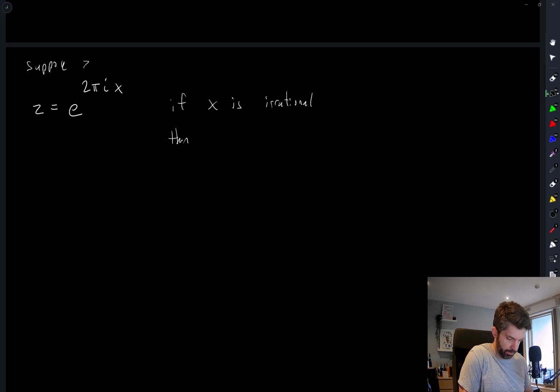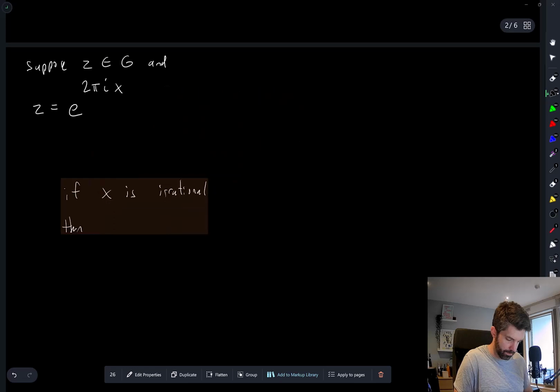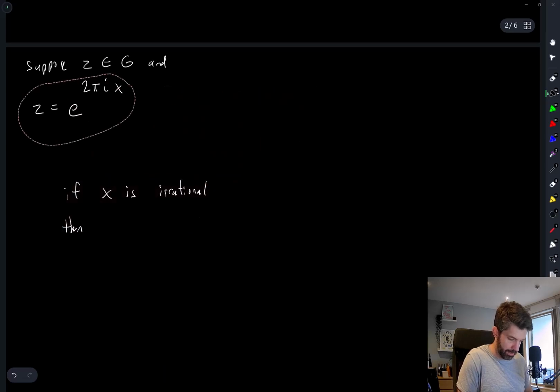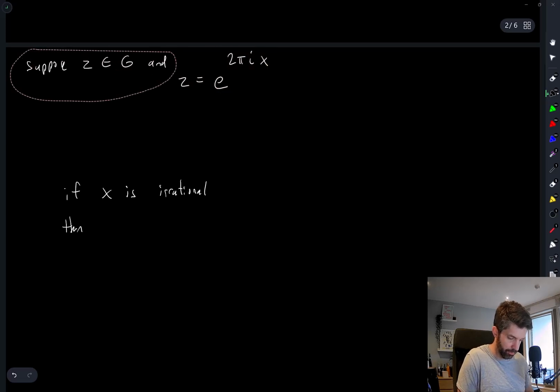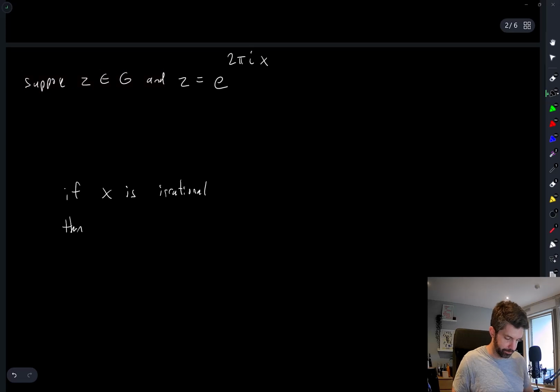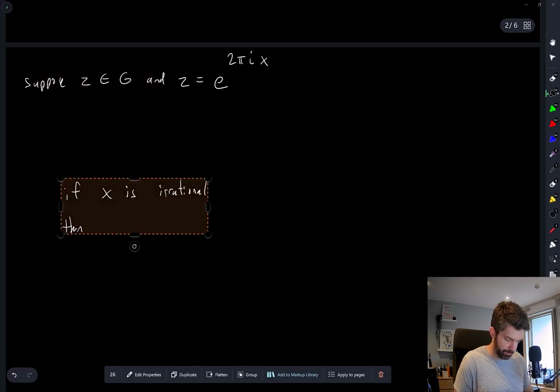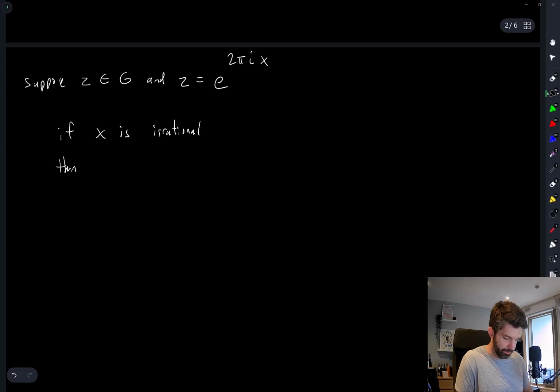Suppose z is in a subgroup and z has an irrational angle. Okay, so if the angle is irrational, then G has to equal the circle.